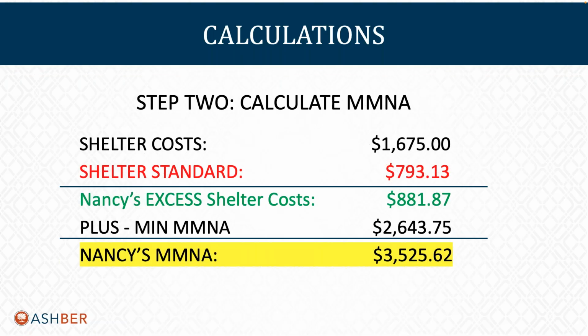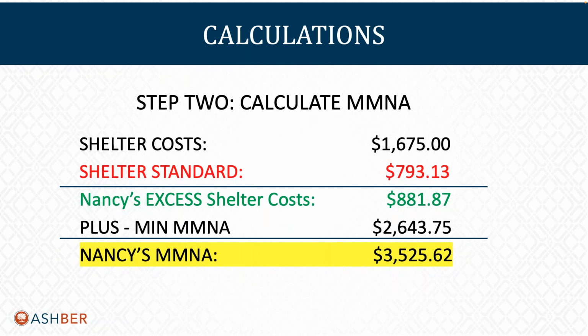So step two, we're calculating the MMNA. So first we added up the shelter costs. Now we're going to calculate the MMNA. And to do that, we have to first do our calculation where we're taking the shelter costs and subtracting the shelter standard from that to determine if there's excess shelter expenses. And in this case, there's excess shelter expenses of $881.87.